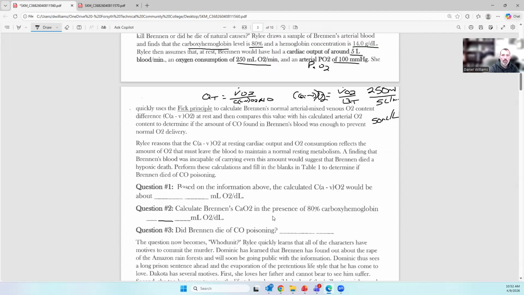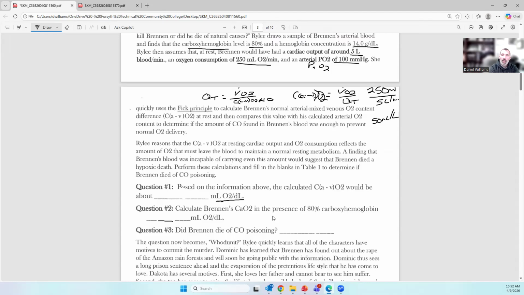If you look down here, some of you may run into writing down 50 here, but that would be wrong, because the unit of measurement provided here is in milliliters of oxygen per deciliter.